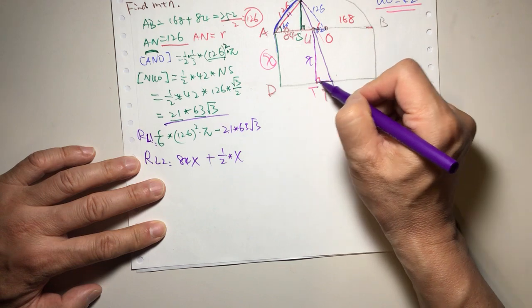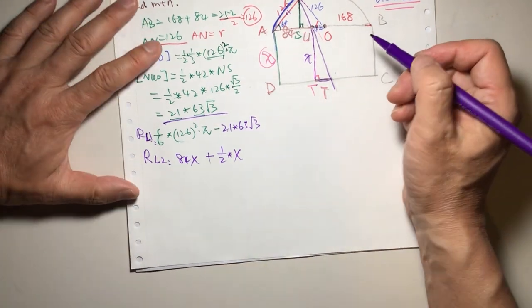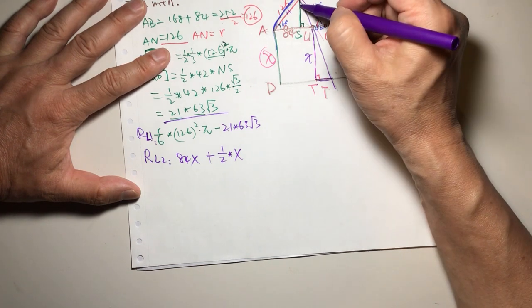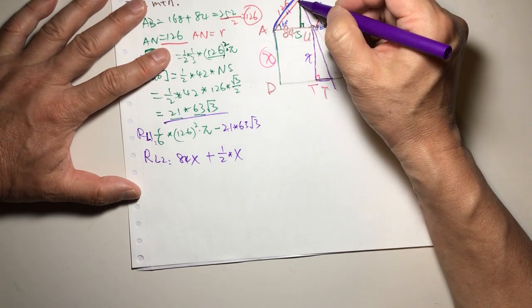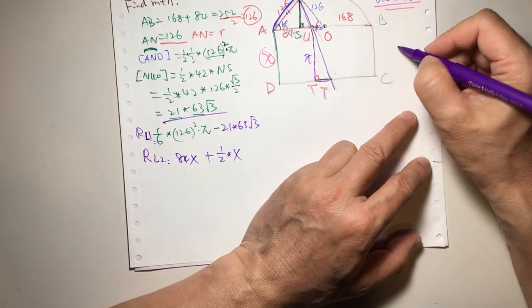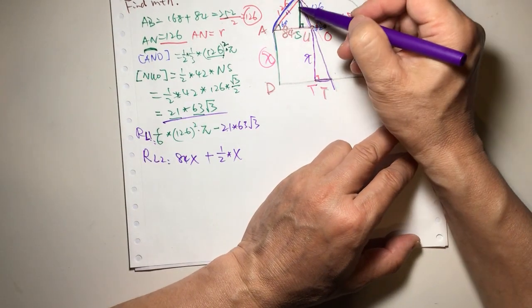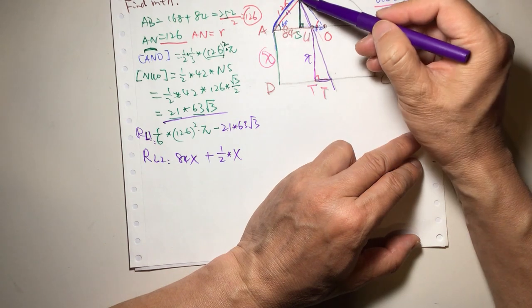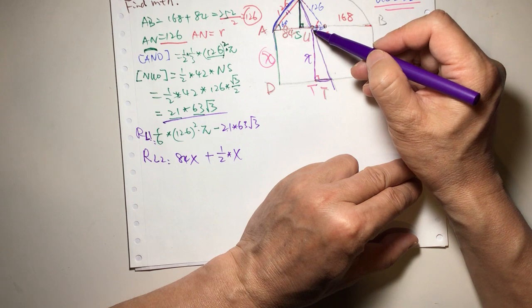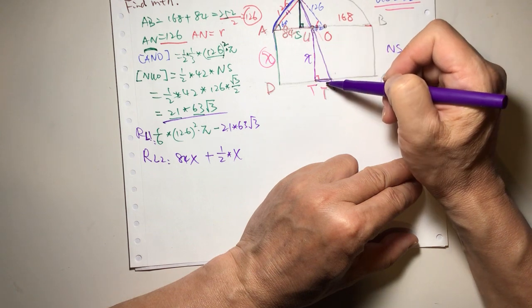This one. So this one we know is a similar triangle of this one, right? And we know this triangle NSU is similar to the triangle UT.